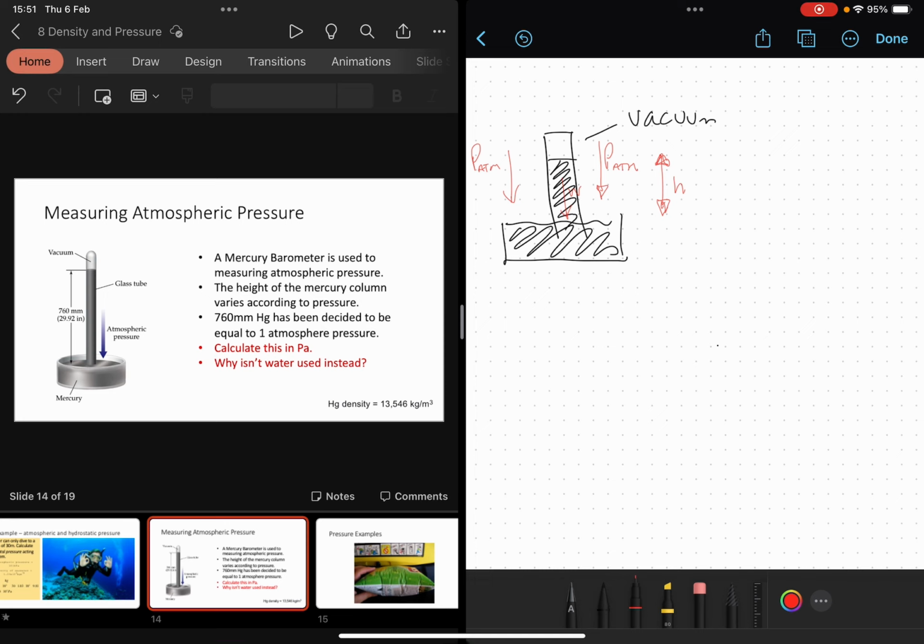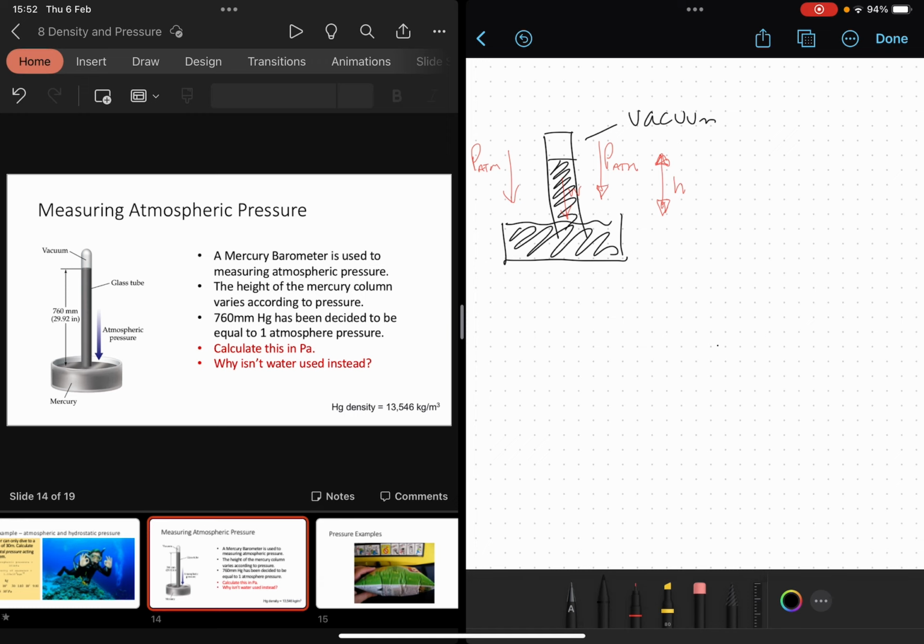So this was measured, and the person who did this, their name's completely escaped me. It might come back to me in a few minutes. But they set this up at sea level, and over the course of a period of time, measured the average height of mercury that was supported, and they found that it was 760 millimeters.